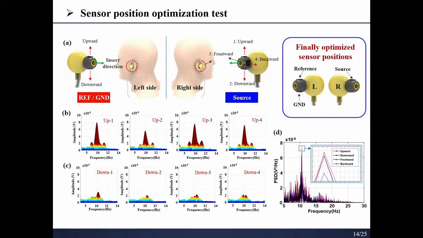So the sensor position optimization test was performed to optimize the sensor position inside the ear. I carefully divided the experiments into several groups, and then finally found the best position of the In-ear Cap Sensor electrodes.